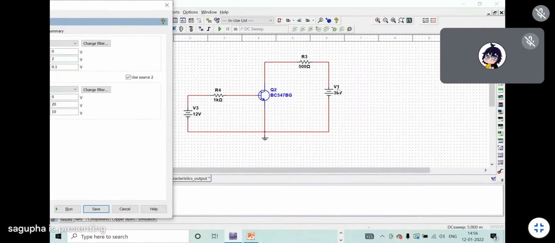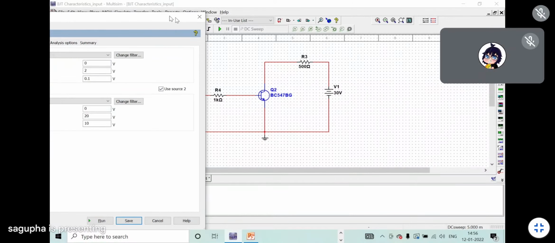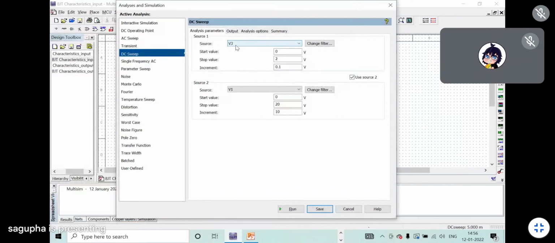You can also change the names of these voltages; you can make it VBB and VCC, up to you. V3 is my input, and you can drop down this and change the values. I have kept the output voltage as V1.